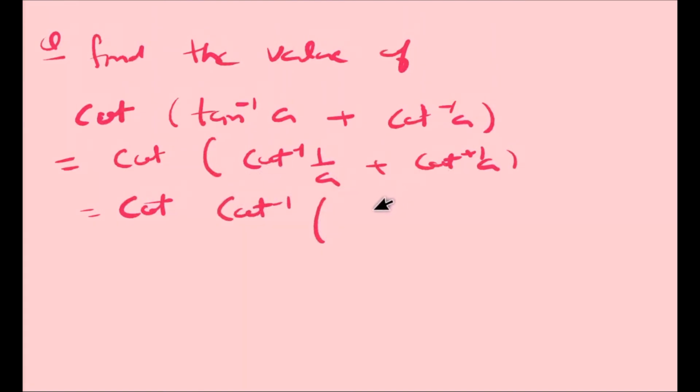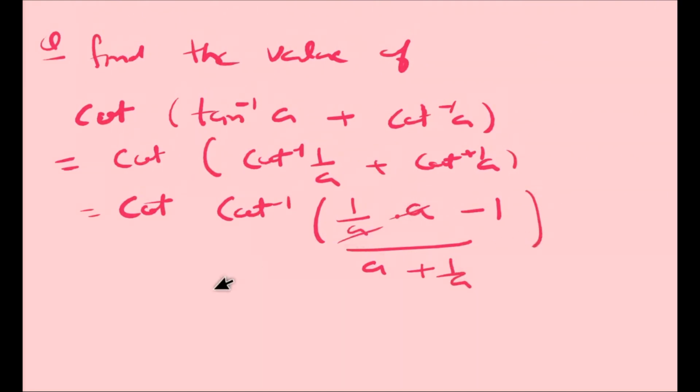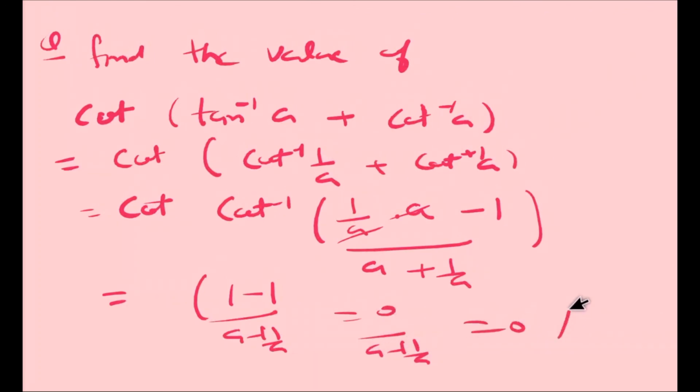What is the formula of cot A plus B? Cot, that is x y, it is a plus, so minus 1 upon y plus x, right? So this is cancelled. So what is 1 minus 1 upon a plus 1 upon a, that is 0 upon a plus 1 upon a equal to 0.